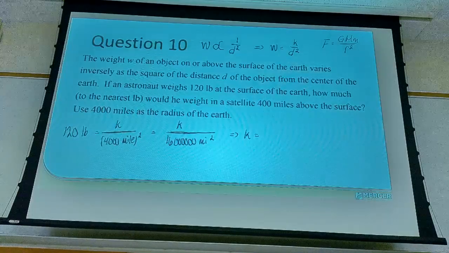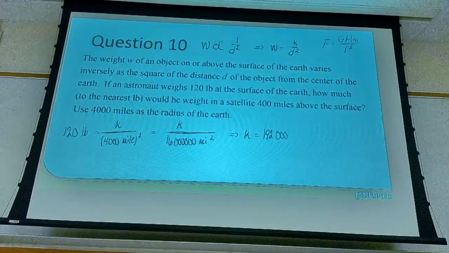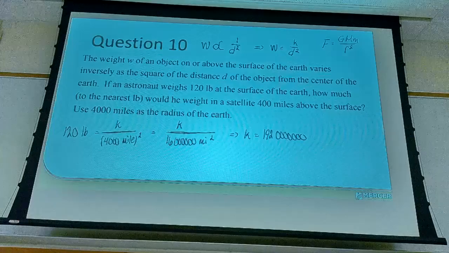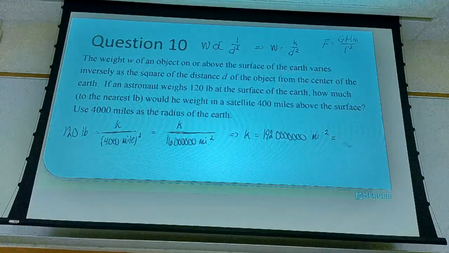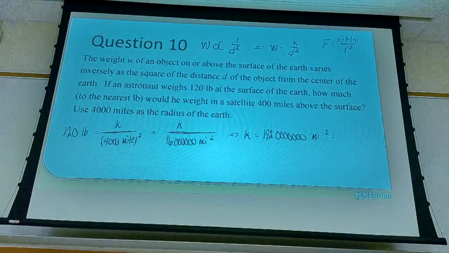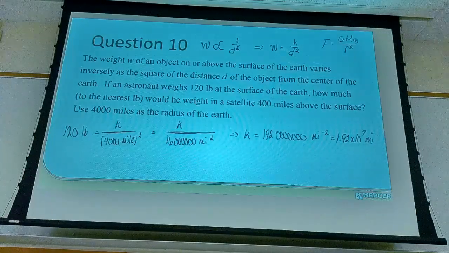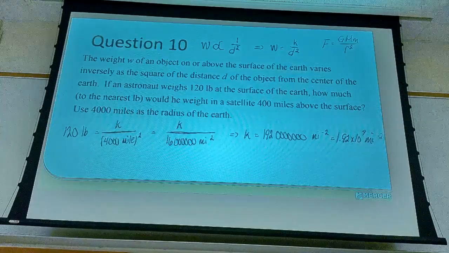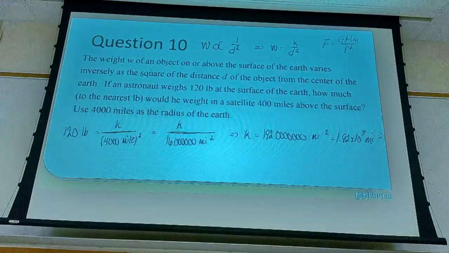So just do 12 times 16 and follow that by 7 zeros. 192 times 10 to the 7th, so 1.92 times 10 to the 9th. 1.92 billion, in pounds times inverse square miles.